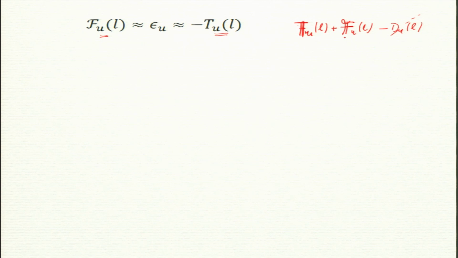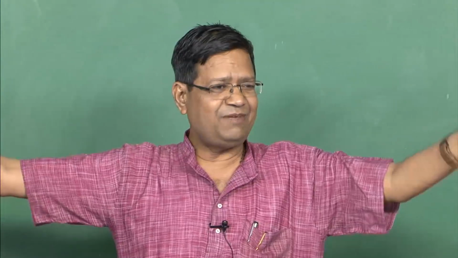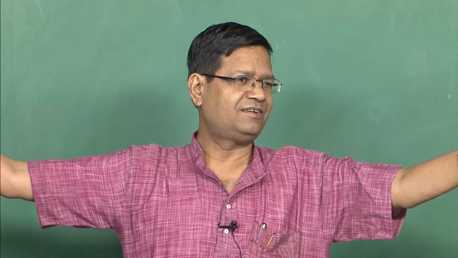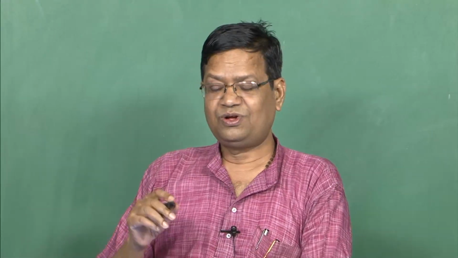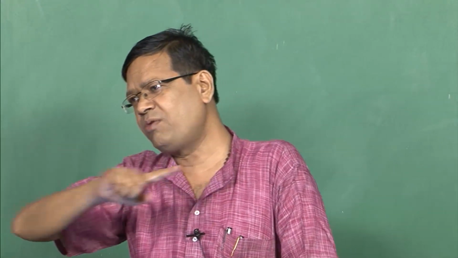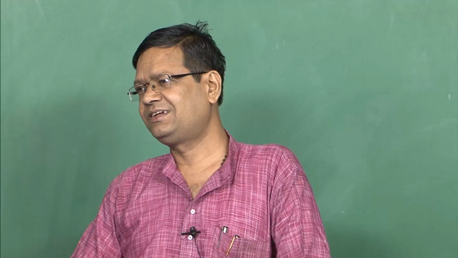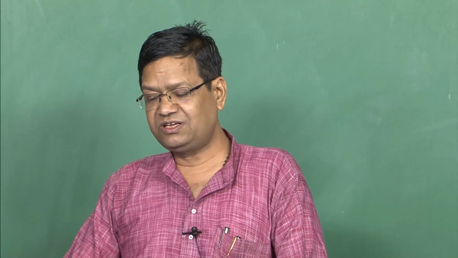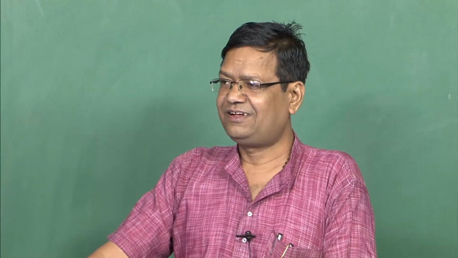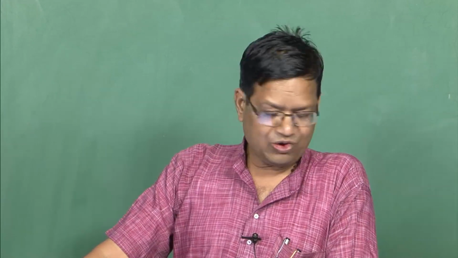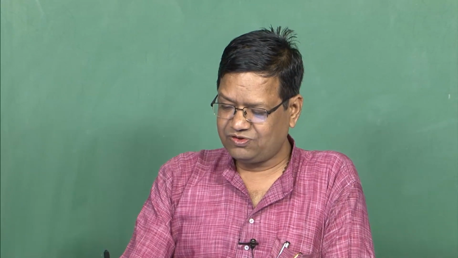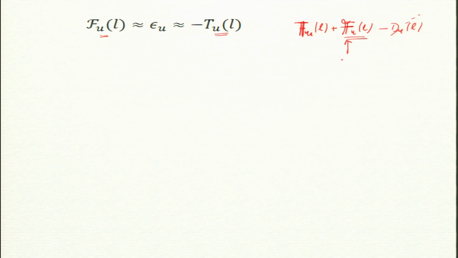Now what about this FUL? What is it equal to? This is force injection at any position if you look at it. This is equal to the energy supply rate, which is the same at all positions approximately. Now how do I see this? I have an argument, but I think I will skip the argument and just look at the proof.